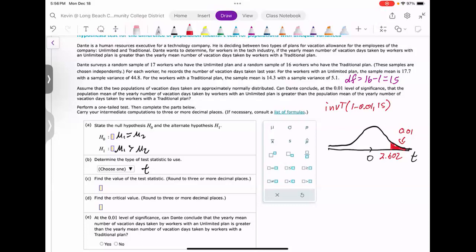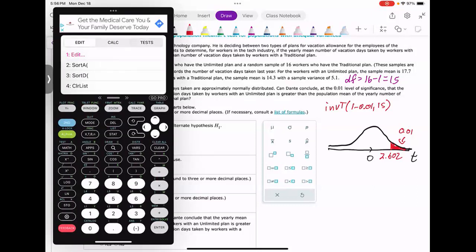For the traditional plan, the sample mean is 14.3 with a sample variance of 5.1. So again, we'll have to do the square root. We'll have to be extra careful here. They are asking for the critical value, so t is about 2.602. Let's find the test statistic.